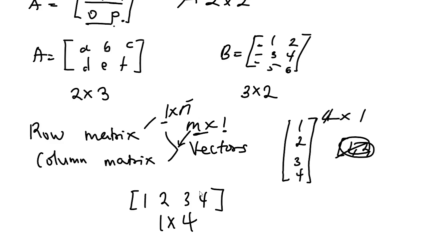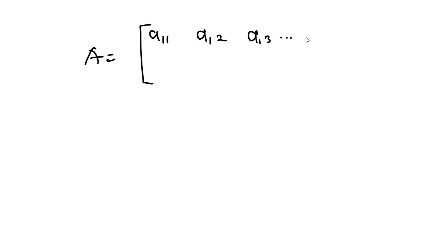Now, generally, a matrix can be denoted in a general form. In the general form of a matrix A, we have A11, A12, A13, up to A1n. Then we can have A21, A22, A23, up to A2n.